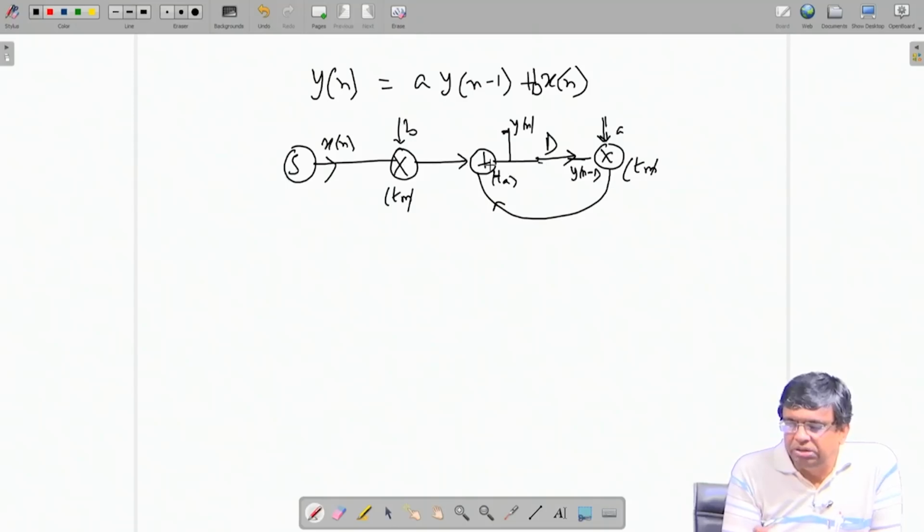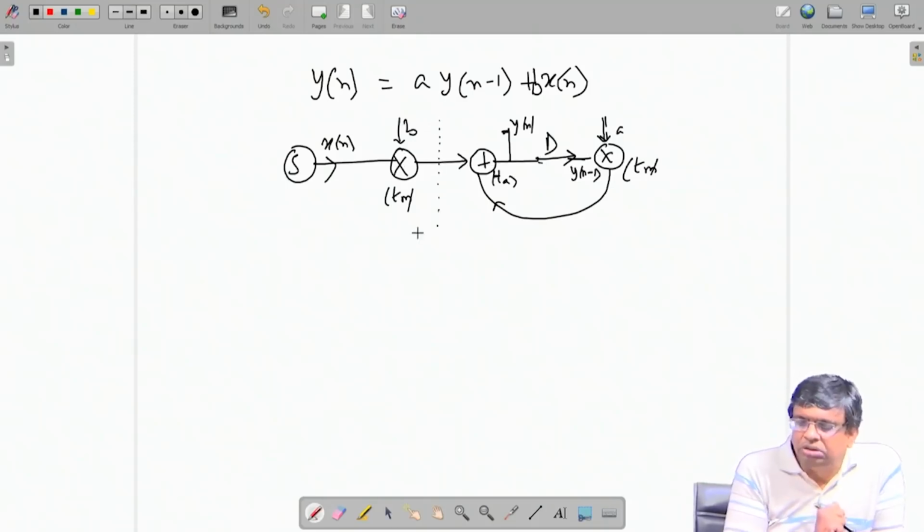So, if it is t m plus t a, here I can do a cut set retiming. This is one sector of the DFG, this is another sector, and there is only one direction, no reverse direction. So, I can add any number of delays in this direction, and I do not have to take out the same number of delays from the opposite direction. So, you just put a delay here.